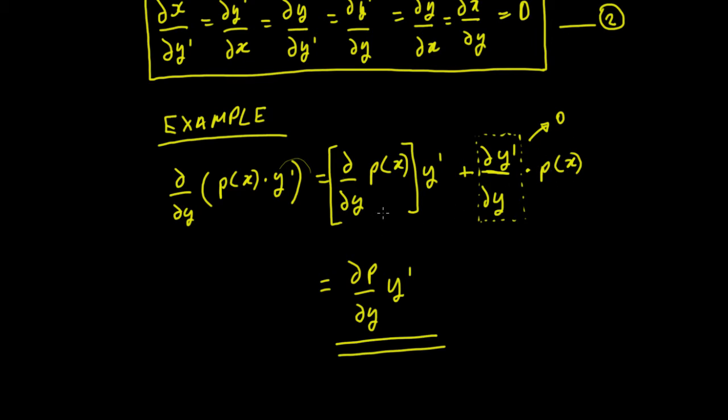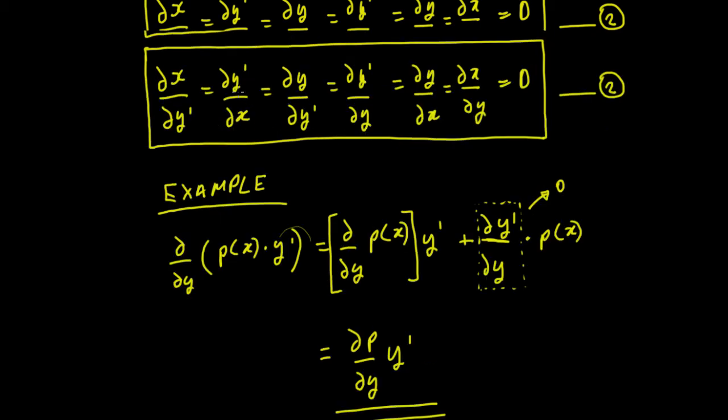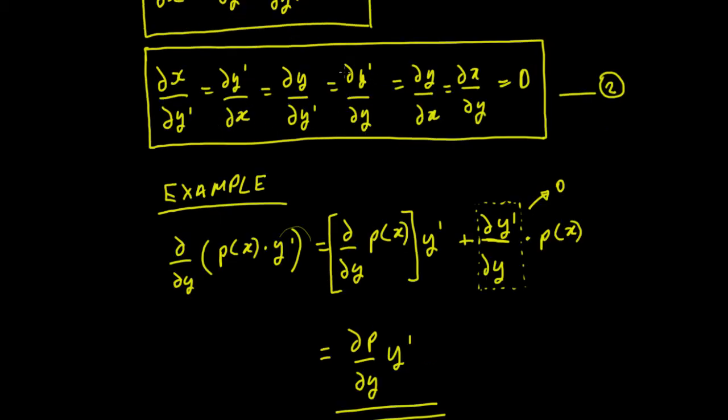But from above we note that this partial y derivative by partial y is going to be equal to 0, because whenever we differentiate with respect to y, the y derivative acts as a constant. So I'll come up here.